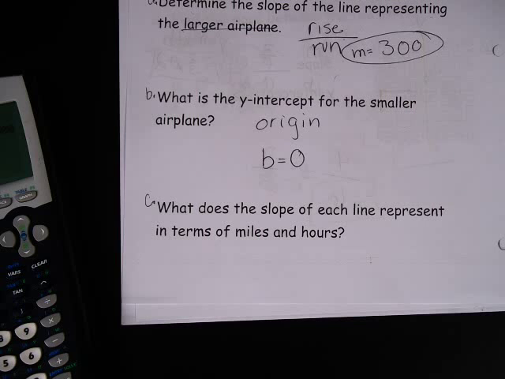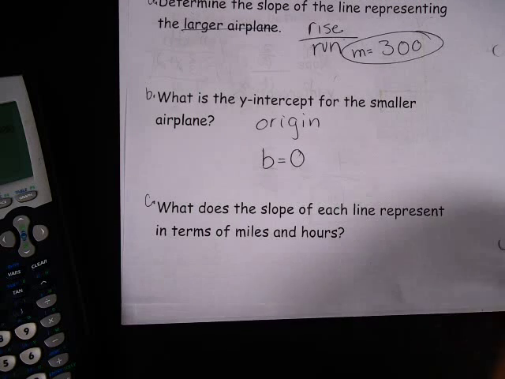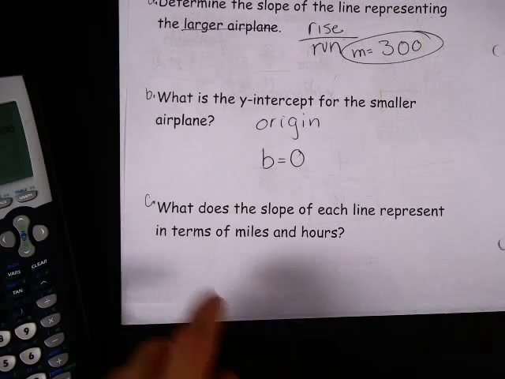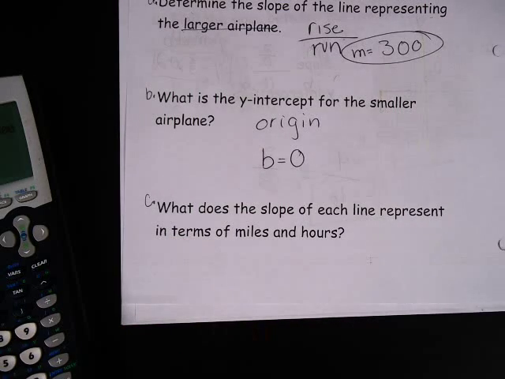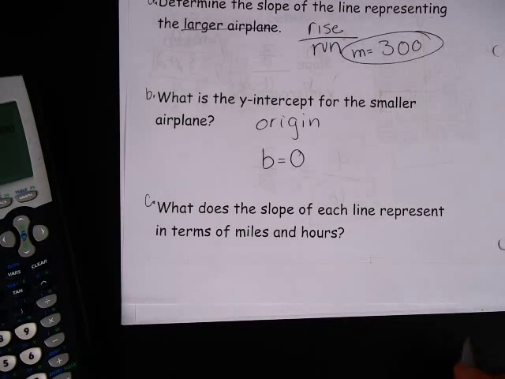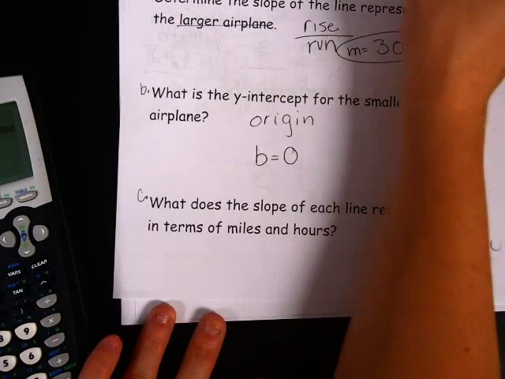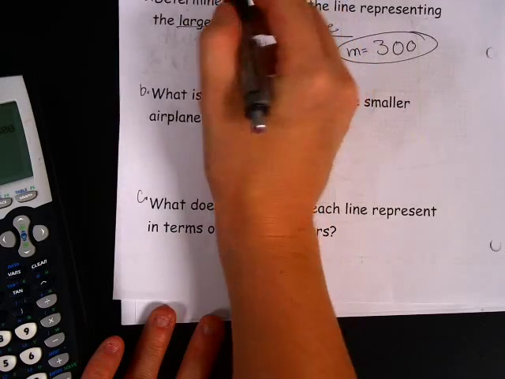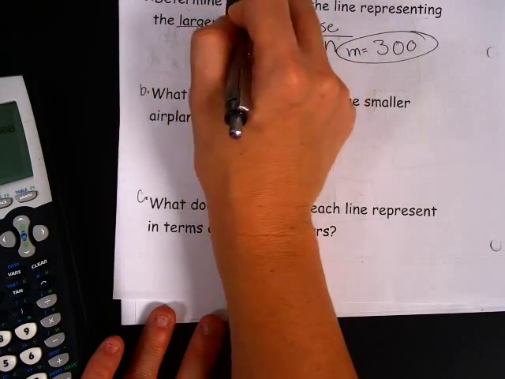What does the slope of each line mean in terms of miles per hour? Well, this is kind of a two-part question because it depends on which plane you're talking about. If we're talking about the larger plane, we've already found the slope. We say it's 300. But what does that mean? It means 300 miles per hour.